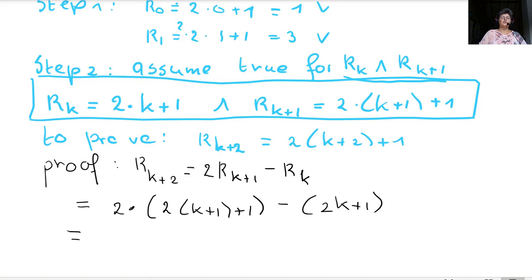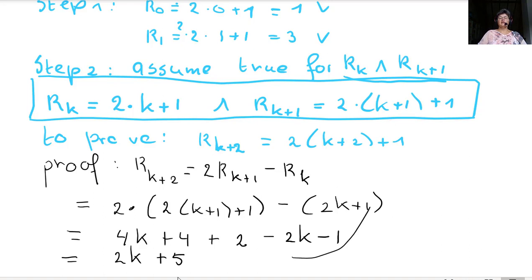Okay, let's simplify this. So this would give us 2 times 2. So that would be 4k plus 2 times 2 plus 4 plus 2. Okay, minus 2k minus 1. So that would give us 4k minus 2k would just give us 2k plus 4 plus 2 minus 1 plus 5.